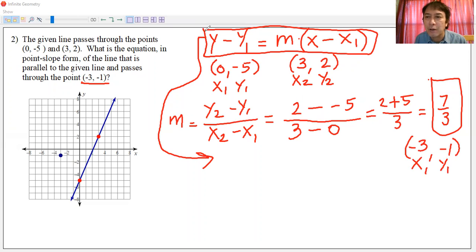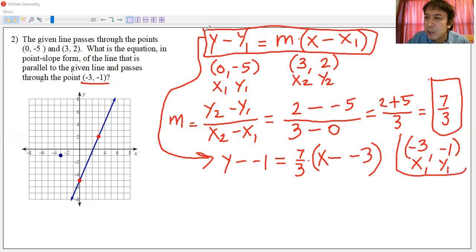Using now the slope and this point, this will now be y minus y1. Our y1 this time is a negative 1, so after the minus, it's a negative 1, equals the slope 7 over 3 multiplied by x minus the x1. Our x1 now is the negative 3.